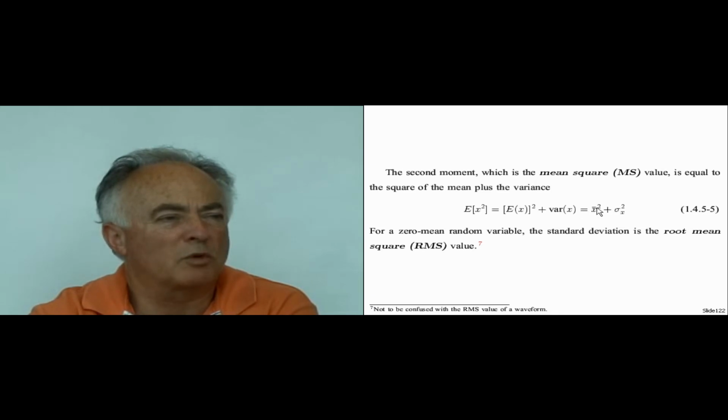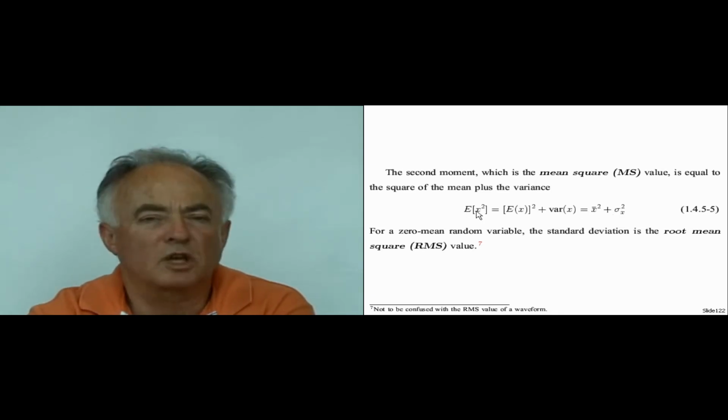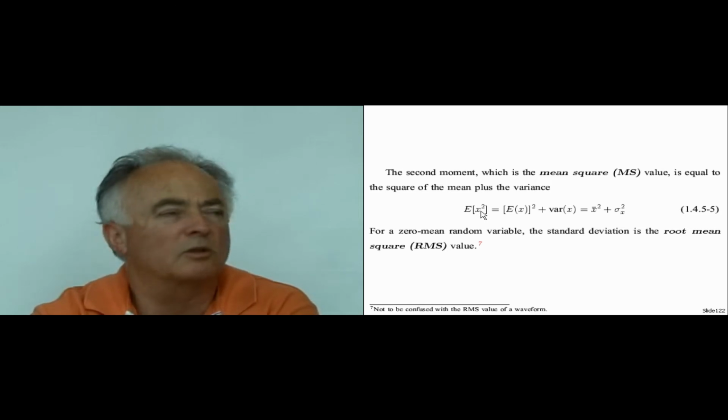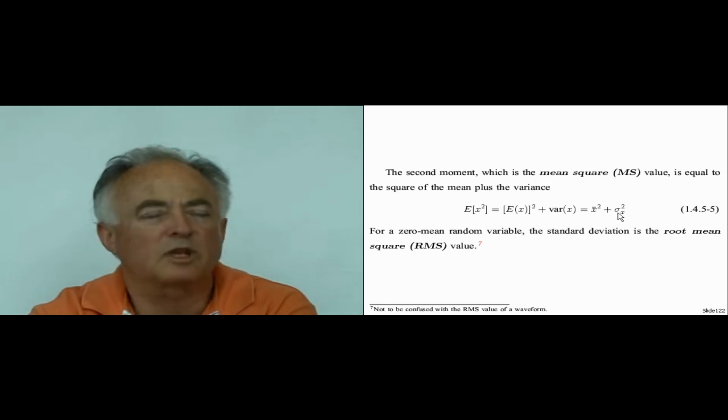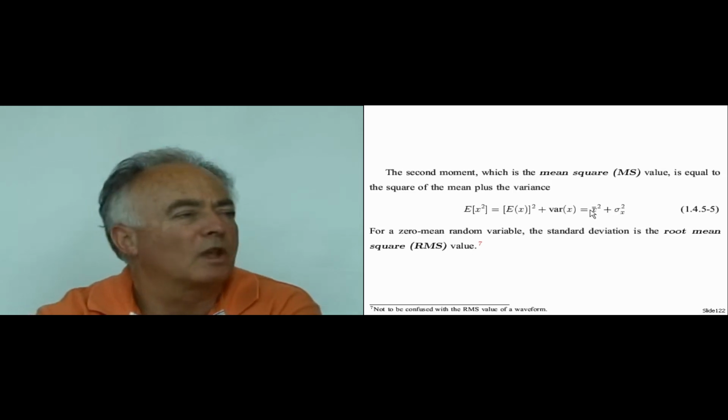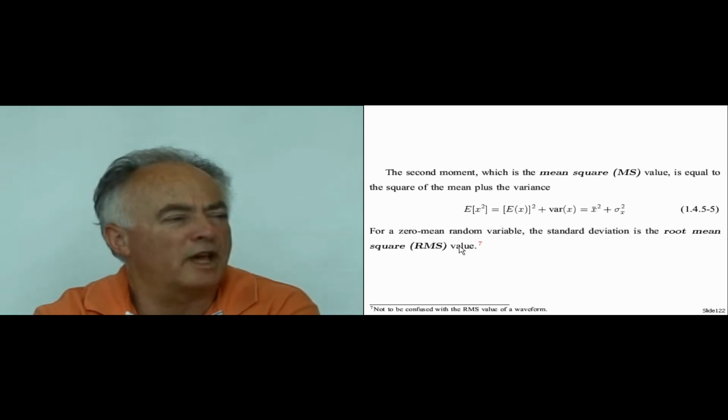X bar squared plus sigma x squared give you the second non-central moment. So you can see the non-central moment is the central moment, second in this case, plus the square of the mean. Now, for a zero mean random variable, the standard deviation is also the root mean square value.